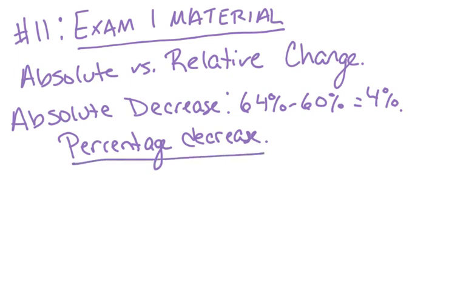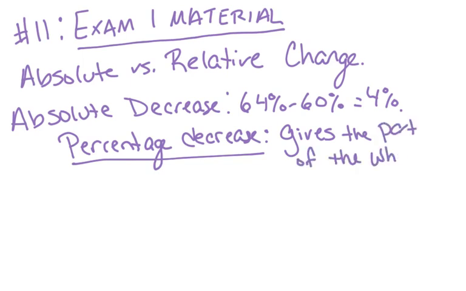So essentially, what changed from 64 to 60? So the idea is that this gives us the part of the whole that decreased. Essentially, in not as mathy terms, when you find the absolute decrease, that's assuming the basic rules of everything's out of 100.